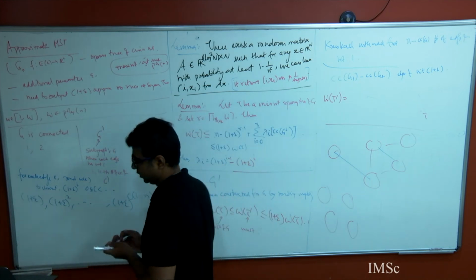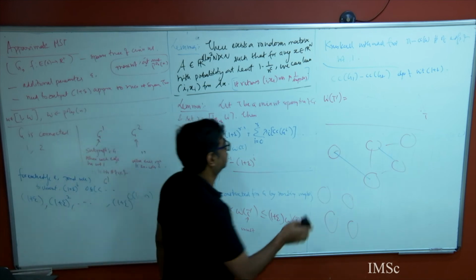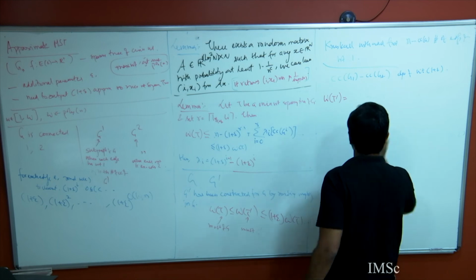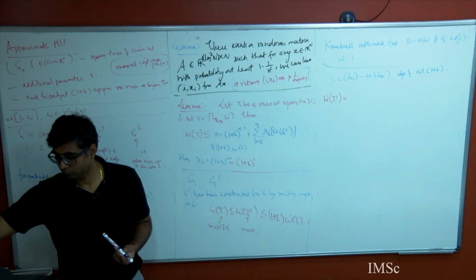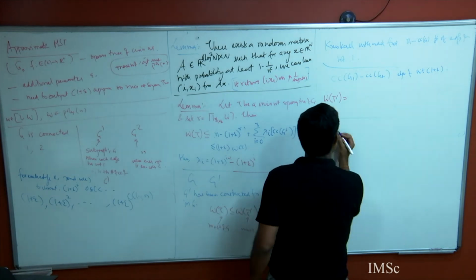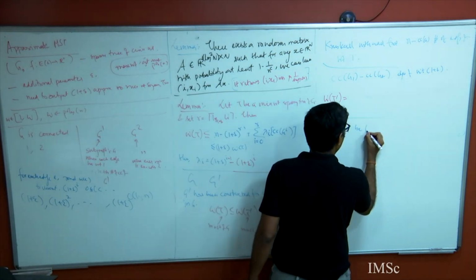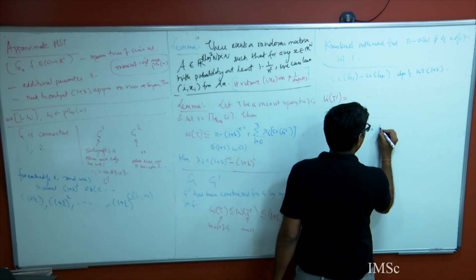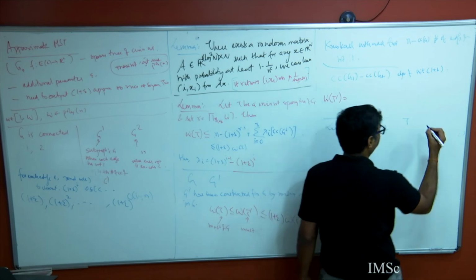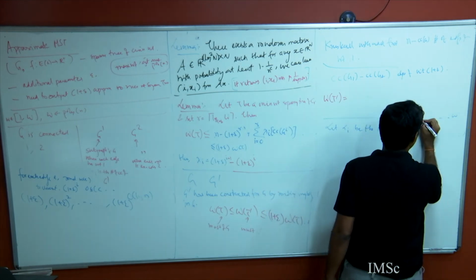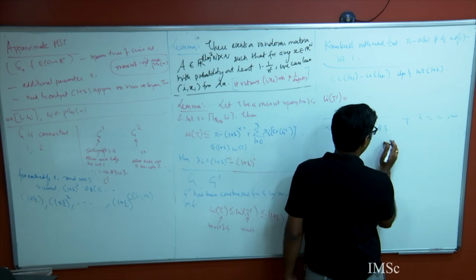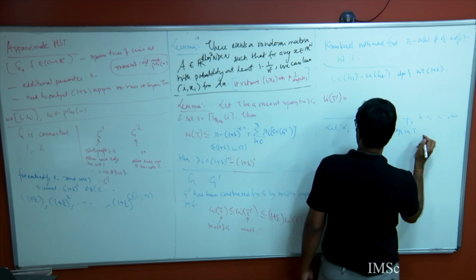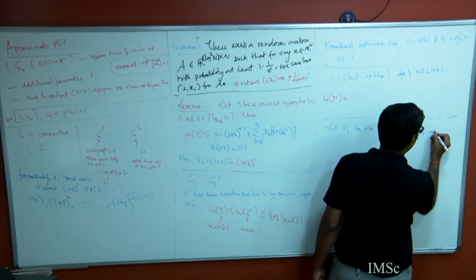So let's look at this the other way around. Let alpha i be the number of edges in T, and this is T, the minimum weight spanning tree, with weights 1 to W, with the number of edges in T of weight i.